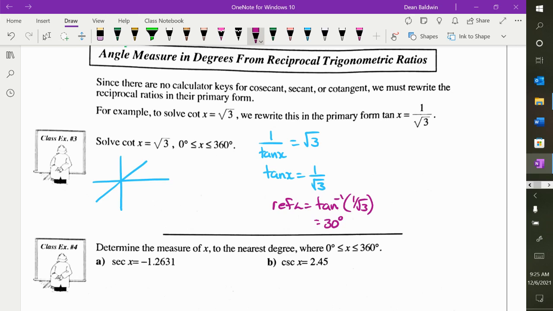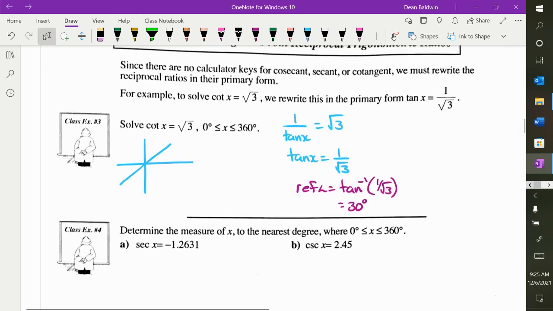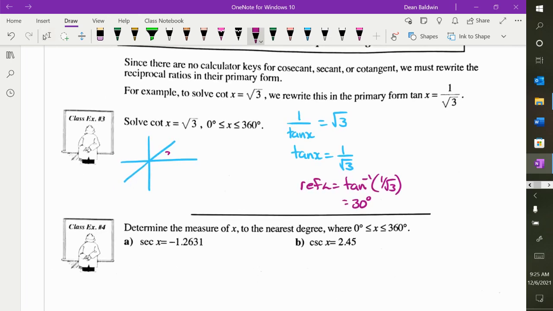It's 30 degrees. So that means that's 30 and that's 30. So what does x equal? 30 and 210 degrees.